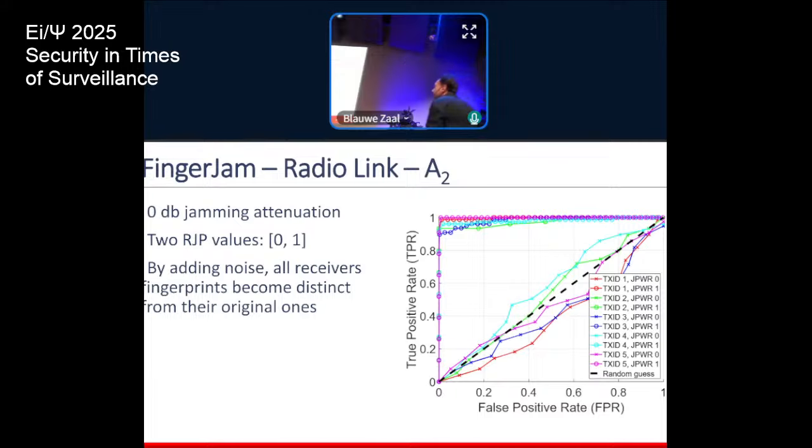We also went to the radio link. So we did the same experiments, but on the radio. We collected first the signals from the devices, and then we tested it on signals that are basically affected by the noise inserted by the low-power jammer. Again, the same considerations that we had before.